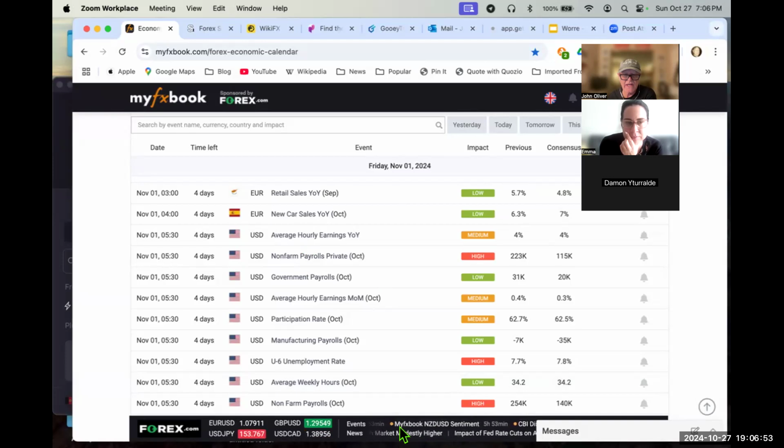See this scrolling thing along the bottom here? I often look at that because it says things like US dollar strengthening against the Japanese yen, lower open predicted for Hong Kong, and lower open predicted for New York as well.